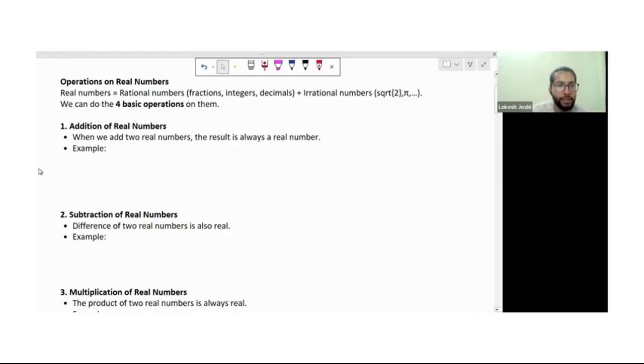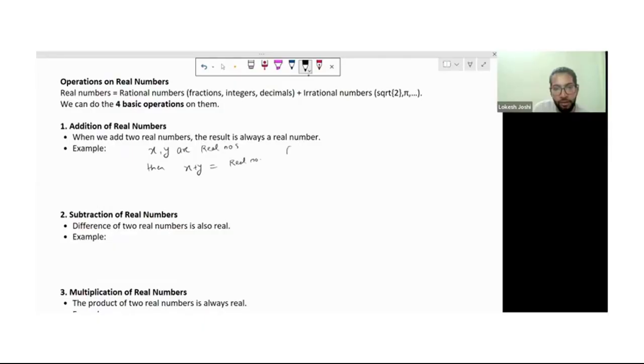Now it's the addition of real numbers. When we add two real numbers, the result is always real. Suppose we have any two real numbers, let us say x, y, such that x, y are real numbers. Then x plus y is also a real number.